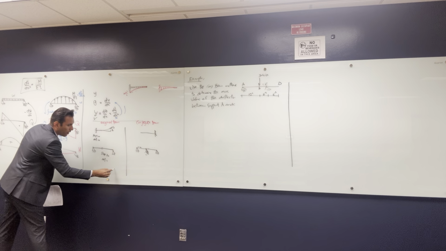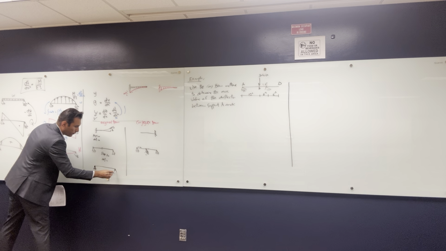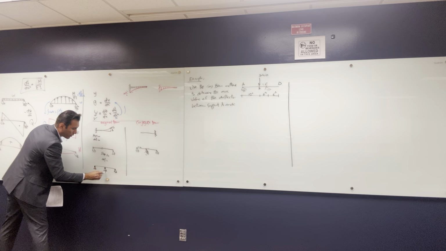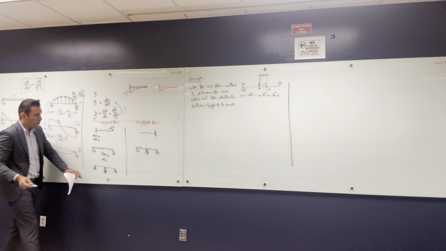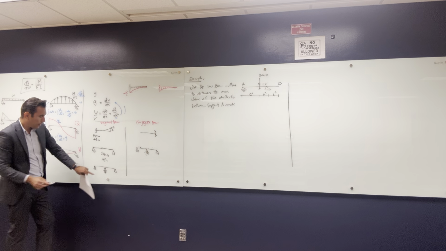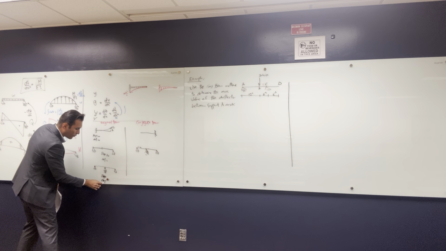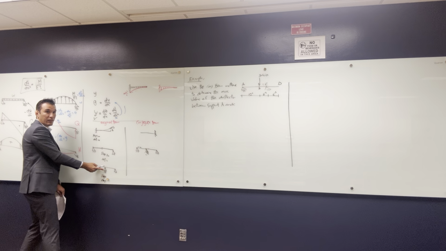So we transformed this. What if I have a roller in the middle? Like what if it's the opposite? Like if I have a hinge, and then I have a roller in the middle. Okay, so if I have a roller in the middle, here there's a slope, but the deflection is 0, right? Is there deflection at this roller?